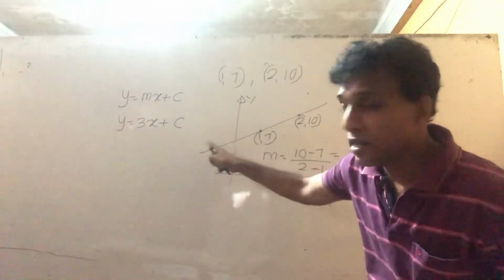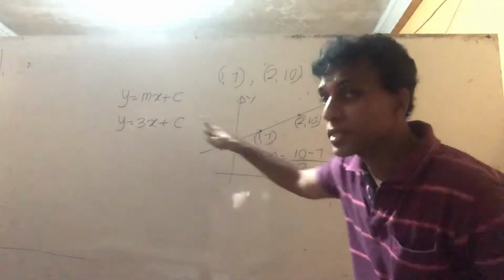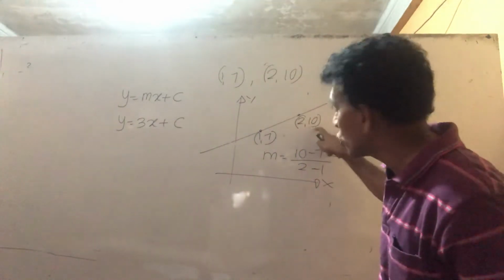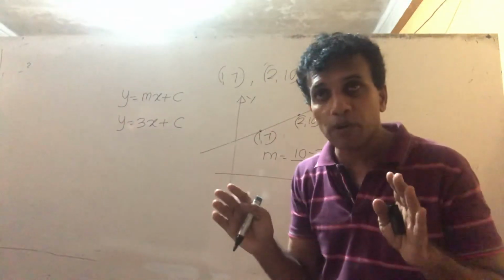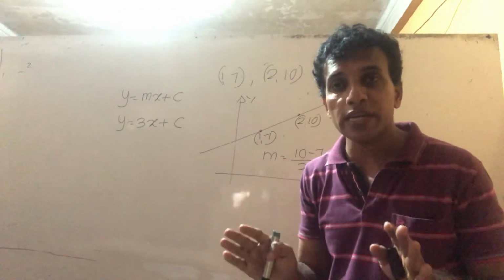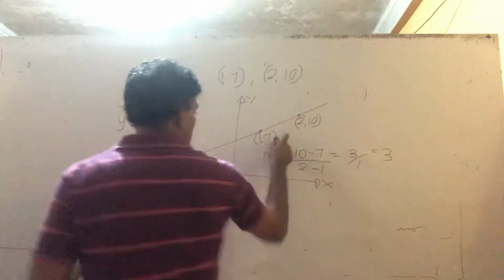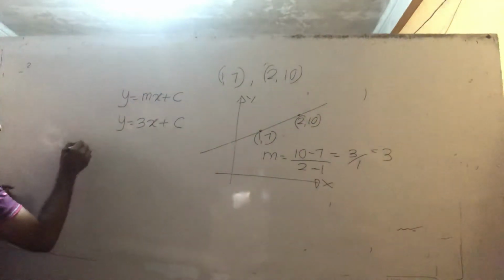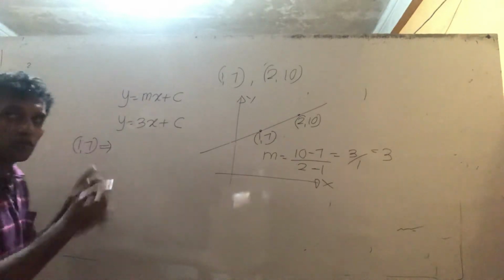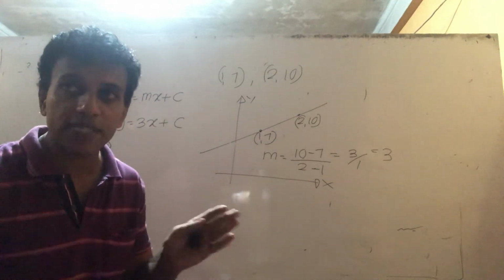This line passes through (1, 7) and (2, 10). If a line passes through a particular coordinate, that coordinate satisfies the equation. Therefore, I put (1, 7) here. What do we mean by (1, 7)? x is 1, y is 7.